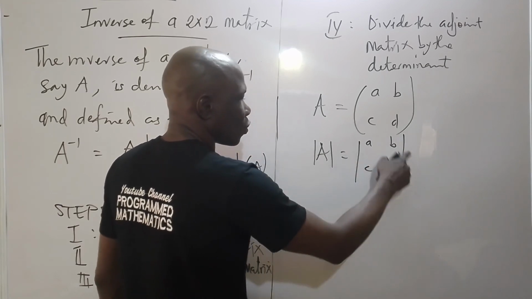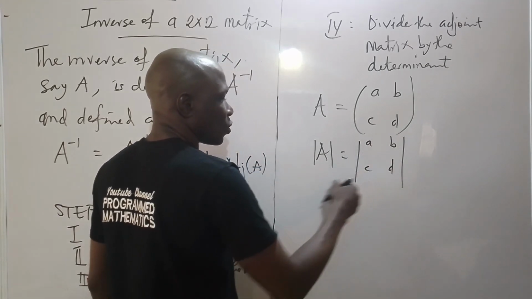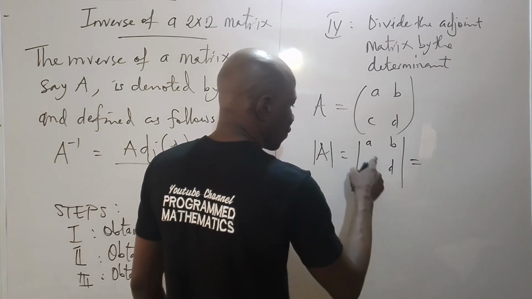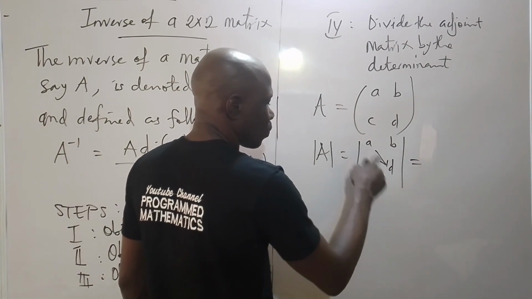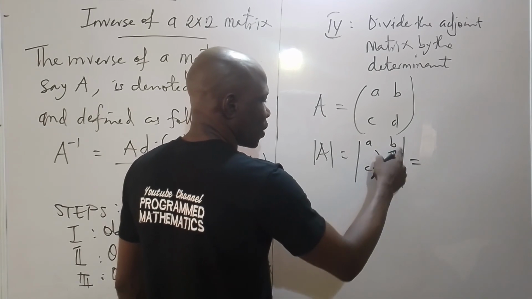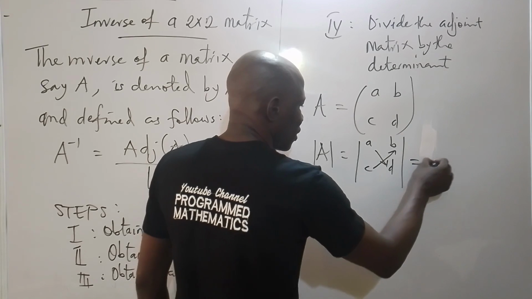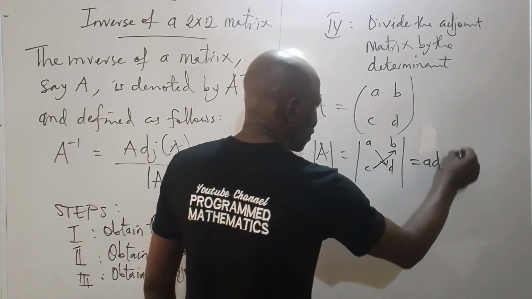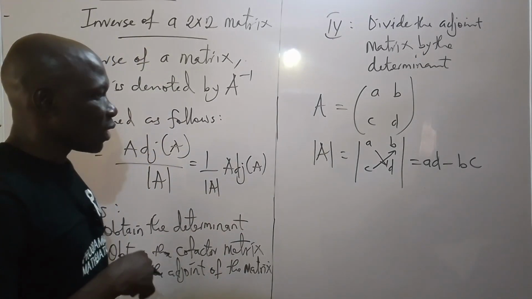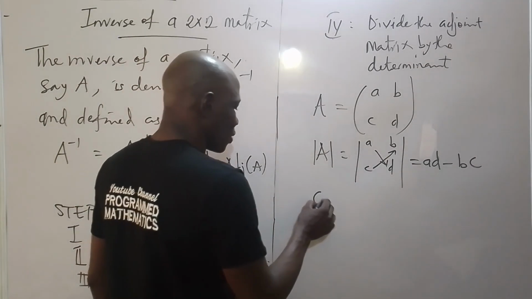Remember, the two vertical lines here tell you we are dealing with a determinant. In this case, we have the product of the elements on the principal diagonal minus the product of the elements of the other diagonal. So a times d, that's ad, minus b times c, that's bc. So that's the determinant. Then the next thing is to get the cofactor matrix.